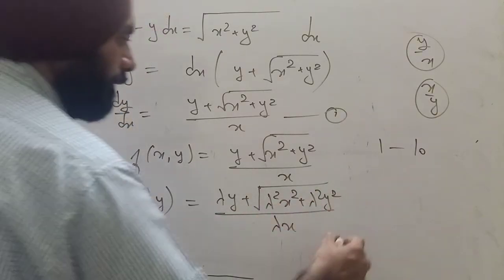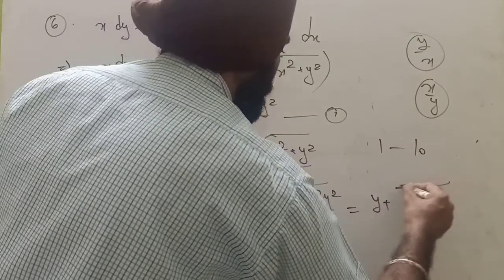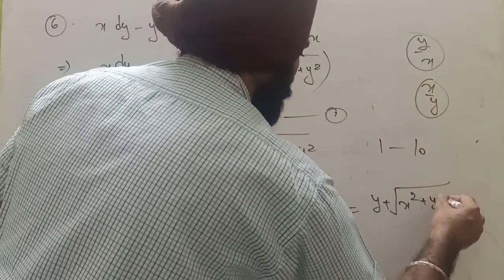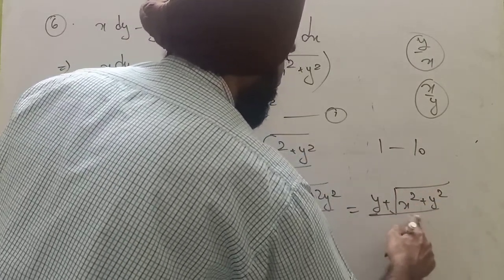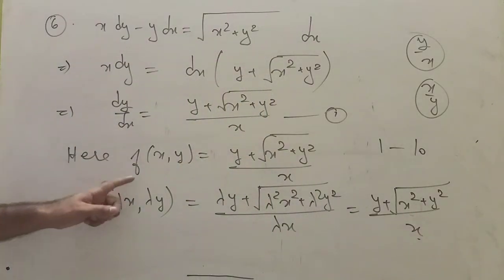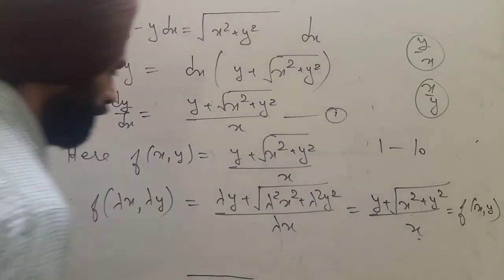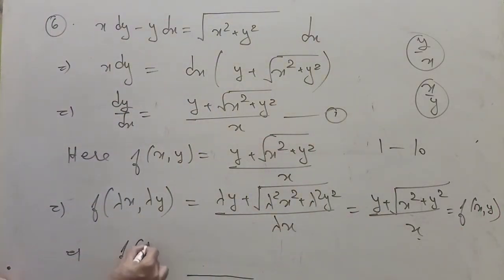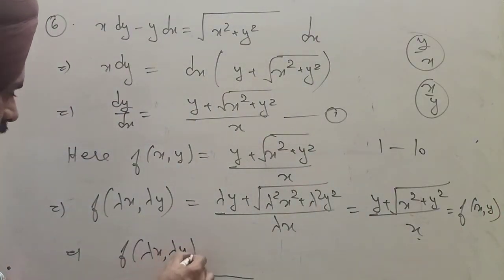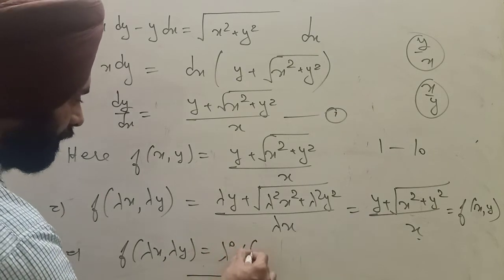After solving it, we will find that there is y plus under root of x square plus y square over x, which is again f of x y. So we have proved that f of lambda x, lambda y is equal to lambda raised to 0 times f of x y.